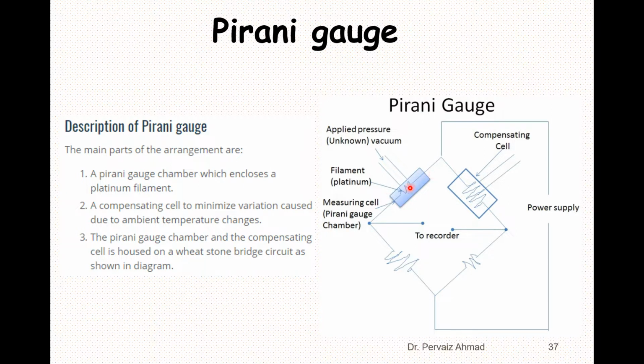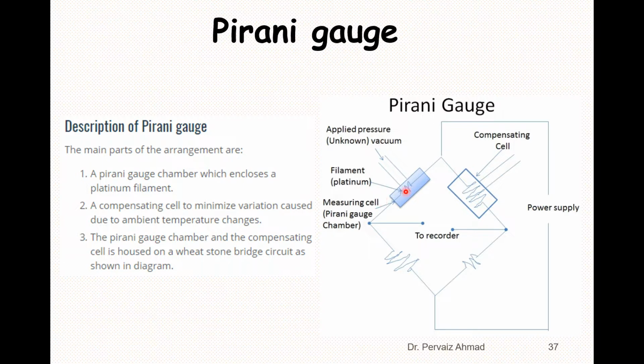We remember this thin wire, which almost looks like a resistor. This is the filament, and it's made from platinum. But this whole rectangular box is called the Pirani gauge chamber, and this is the compensating cell. The Pirani gauge chamber and compensating cell are housed in a Wheatstone bridge circuit, as shown in the figure.